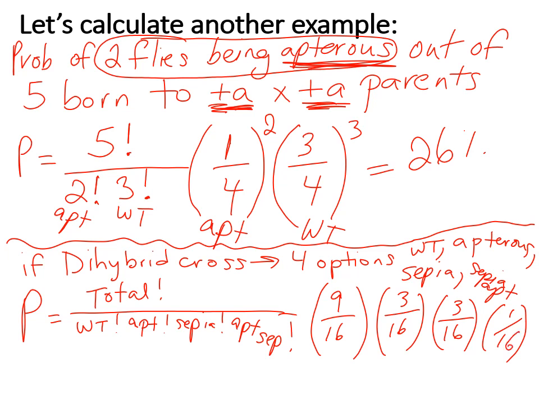So you would have 9/16 is the probability of wild type, 3/16 the first mutant, 3/16 the next mutant, and 1/16 the double mutant, right? This is all stuff that we've covered before and that you've done in lecture. And then you would just have the number of wild type, number of apterous, number of sepia, and number of double mutants. Okay? So you can be asked to calculate probability for monohybrids, for sons versus daughters of flies, and even for the trickier dihybrid cross.